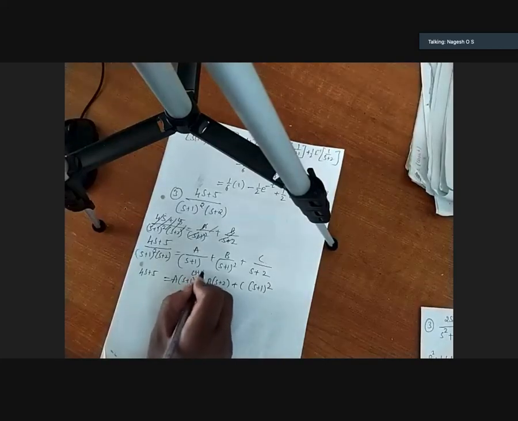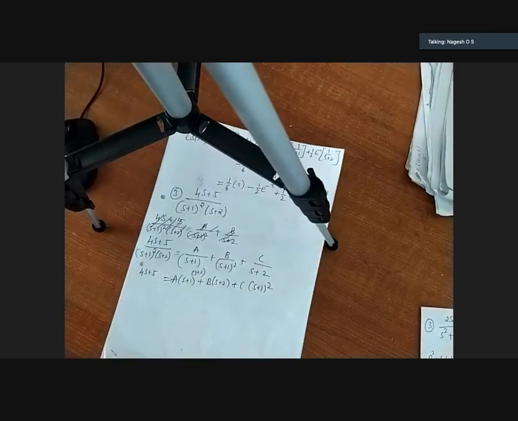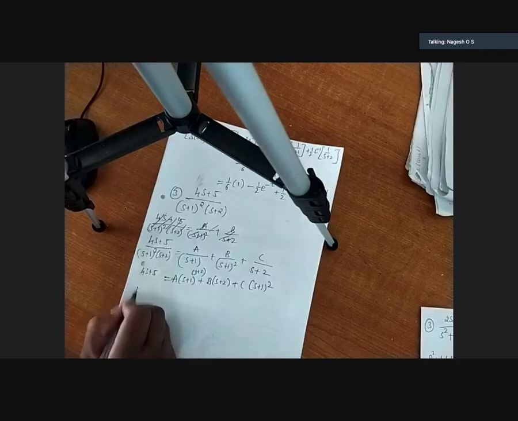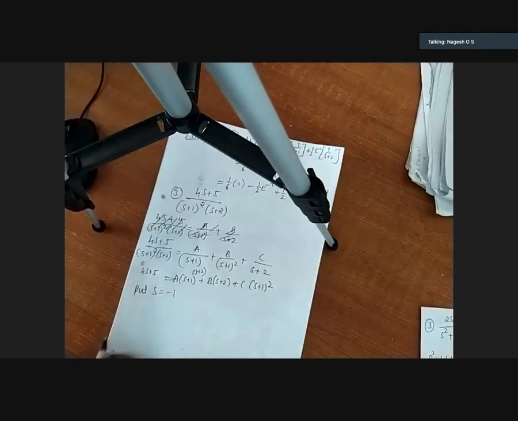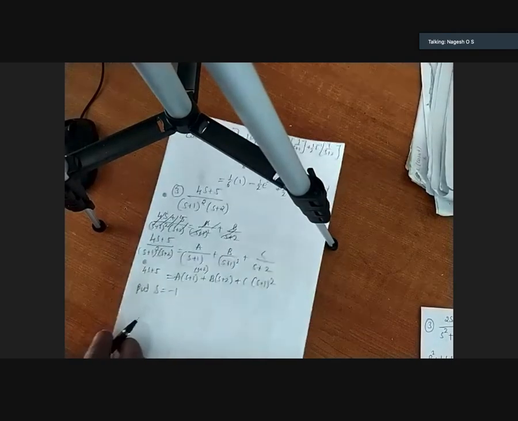Here this is s plus 2. A into s plus 1 into s plus 2. Sorry, I left that. Put s equal to minus 1.